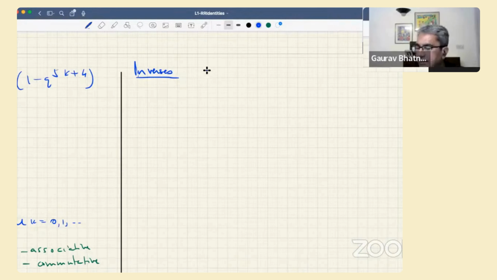The key idea for inverses is that we use geometric sums.